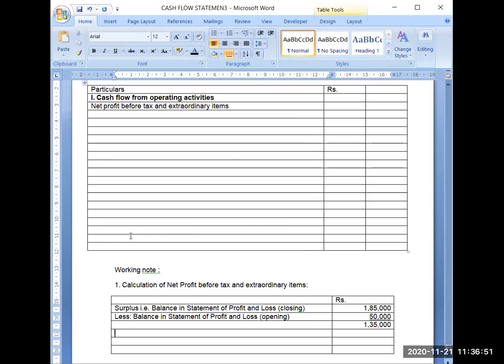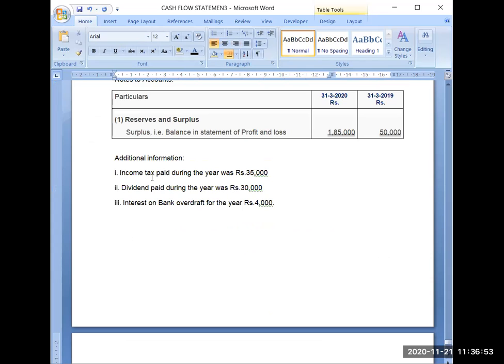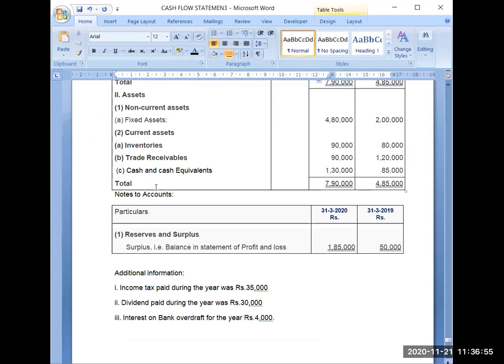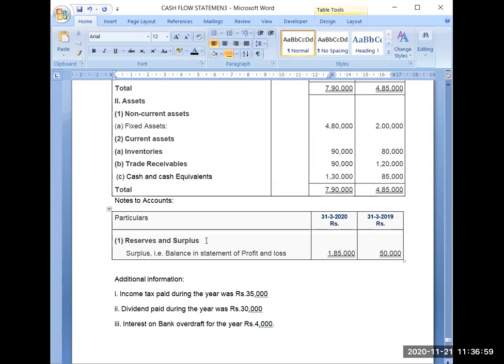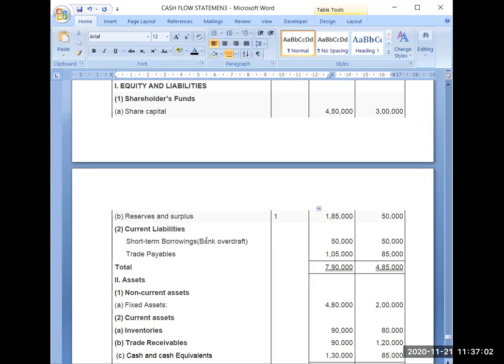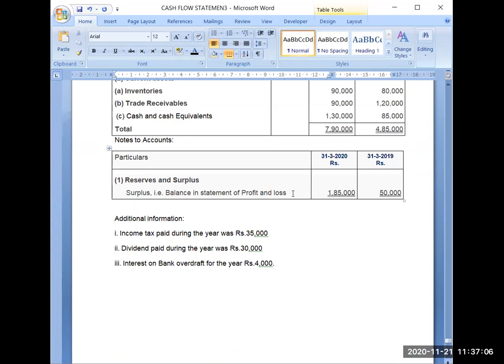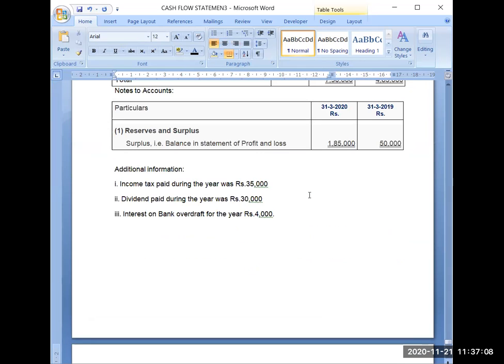These three informations we have to find out in the question. So tax, dividend, and reserves. Reserves are not having any other information. Only one information is there, that is profit and loss balance that we have used. So tax and dividend we have to consider.